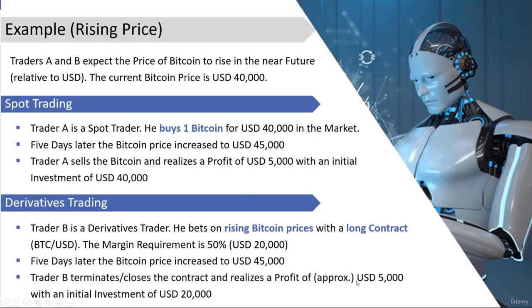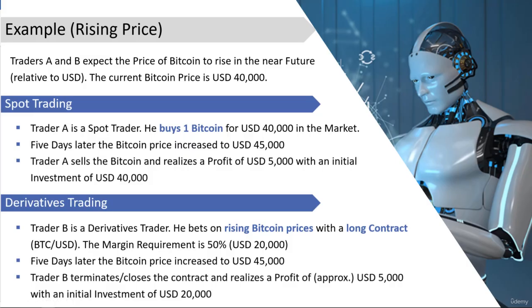I've written approximately because, depending on the derivative, it's not necessarily exactly the price difference between 40,000 and 45,000. So approximately 5,000, and he actually realizes the profit of 5,000 with an initial investment of only 20,000.